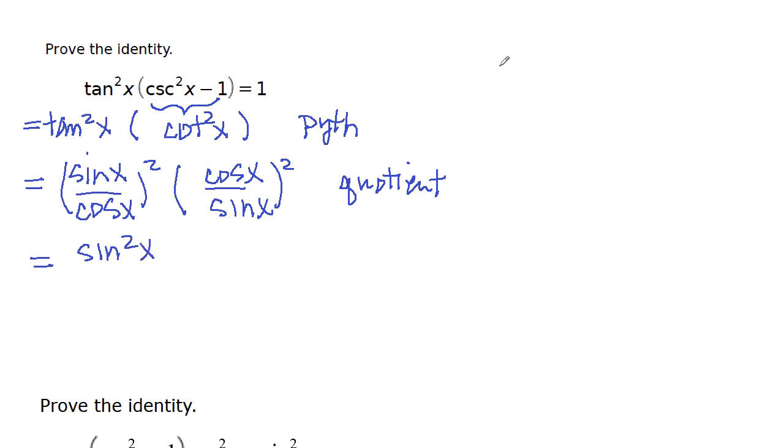Oh, by the way, if you hadn't seen this notation before, that exponent in the middle, sine squared x, means the same thing as sine of x, whole thing squared. It's just a shorthand so we don't have to write the parentheses. And then on the bottom, we square the cosine, so cosine squared x.